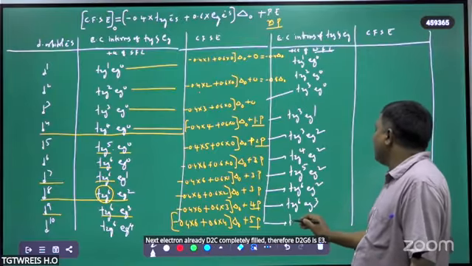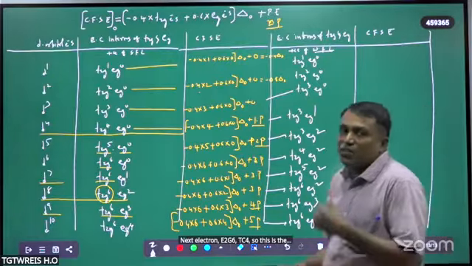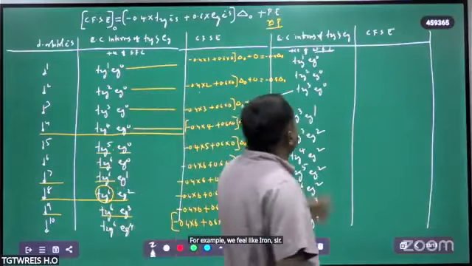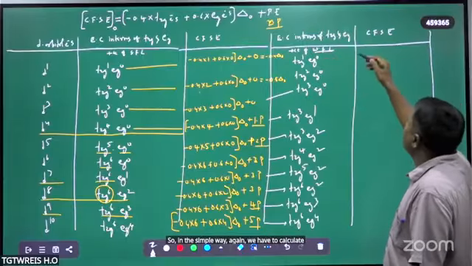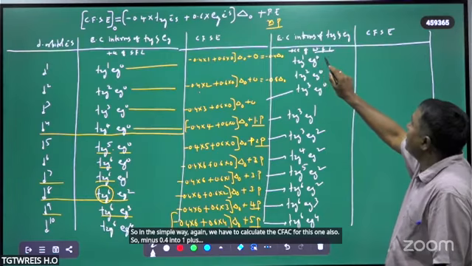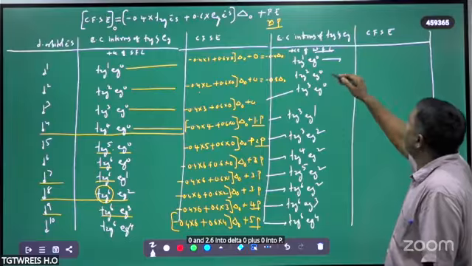Next electron, t2g6 eg4. So this is the distribution of electrons in the presence of weak field ligands. In the same simple way, we have to calculate the CFSE for this also. So minus 0.4 into 1 plus 0 into 0.6 into delta naught plus 0 into P. So for this we are calculating now.